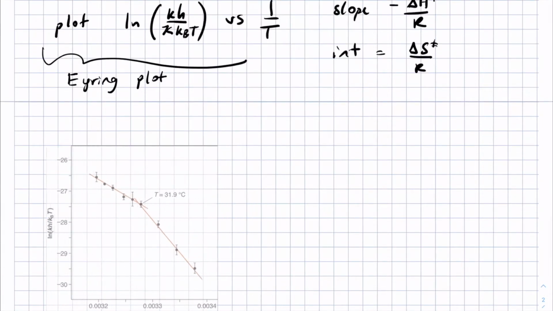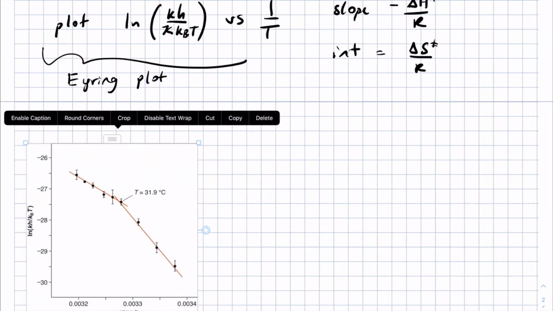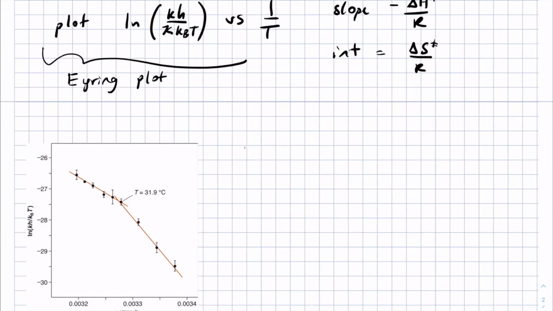So this is the Eyring plot for the breaking of a cobalt carbon bond in vitamin B12 by an enzyme called ribonuclease triphosphate reductase as a function of temperature.